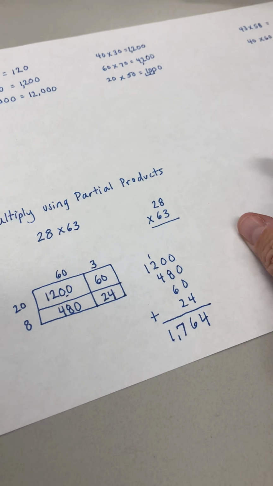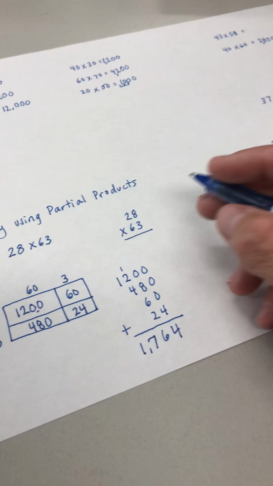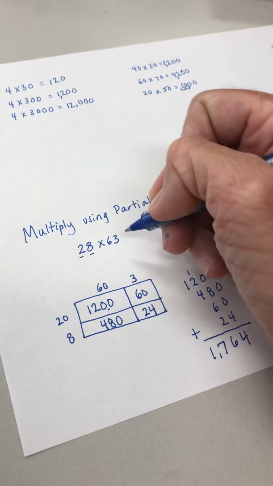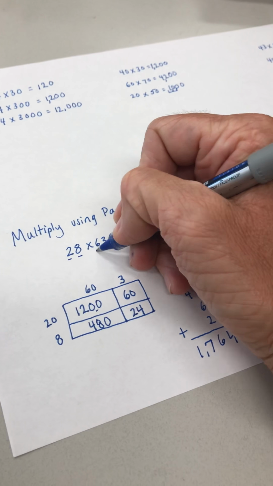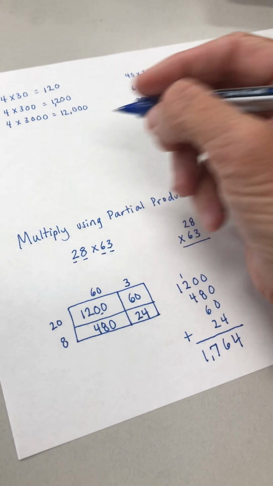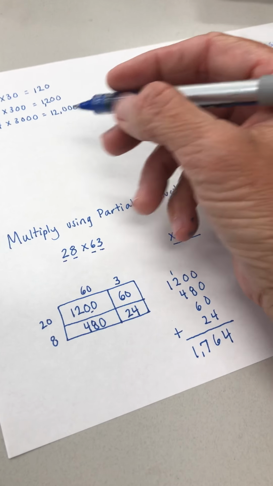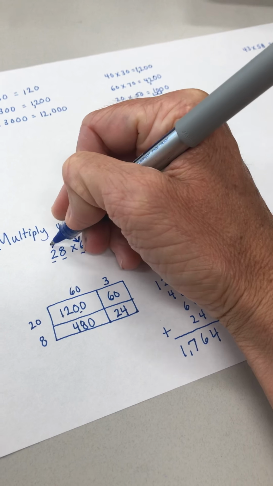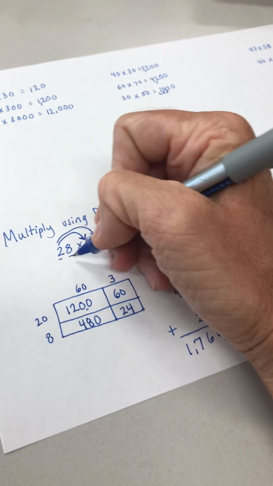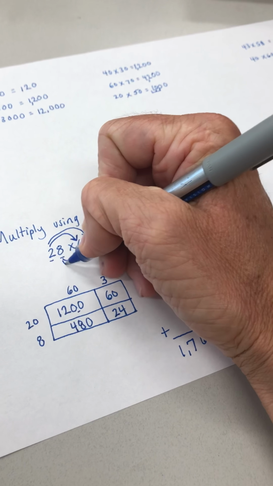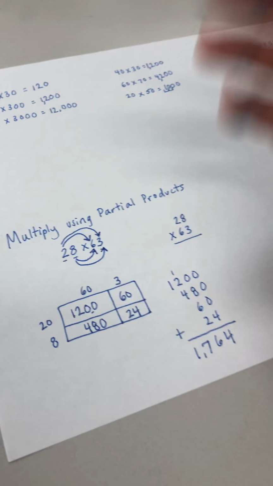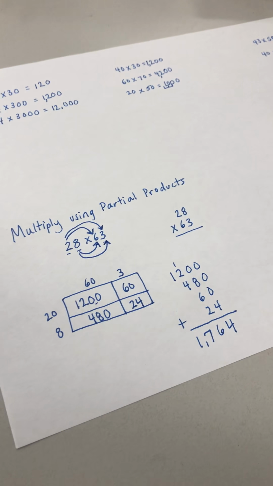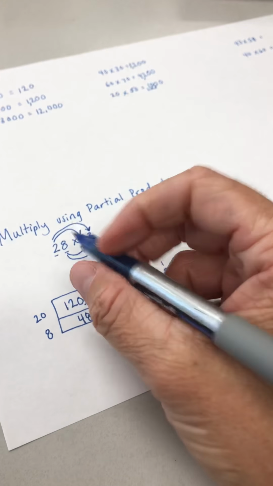All right, so what we want to show is that what we've really done here is to split up 28 into 20 and 8, and 63 into 60 and 3, and we're doing what's called the distributive property, which means I'm multiplying this 20 times both of these numbers, and I'm also doing the 8 times both of these numbers. And if we leave out any of those steps, then we're only multiplying part of the problem, and we want all 4 parts in order to make it have the right value.